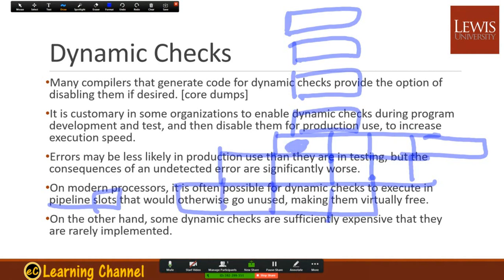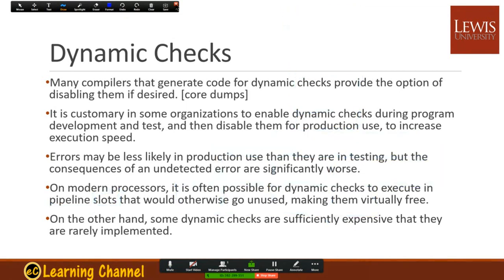Each one of these we call a pipeline slot that would otherwise go unused. So dynamic checking can be optimized, making it virtually free.